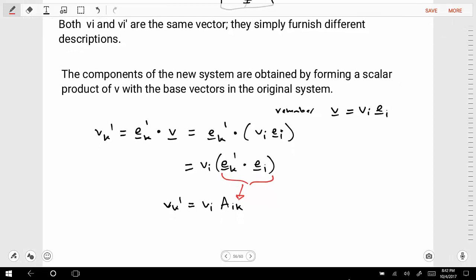Now, the interesting thing is the order of these indices. Note that the vector is sitting before our tensor, right? So this indicates a column operation. When we put this into matrix form, we'll see a very interesting configuration.